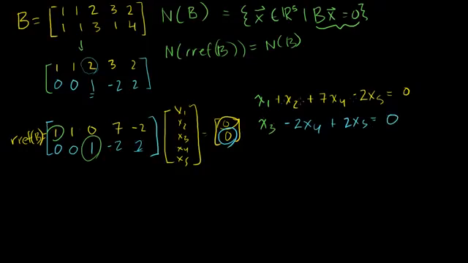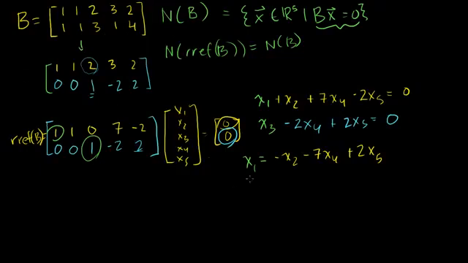These are our free variables. We can set them equal to anything. If we solve for our pivot variables, what do we get? We get x1 is equal to, I should do that in green. The color coding helps. I get x1 is equal to minus x2 minus 7x4 plus 2x5. Just subtracted these from both sides of the equation.